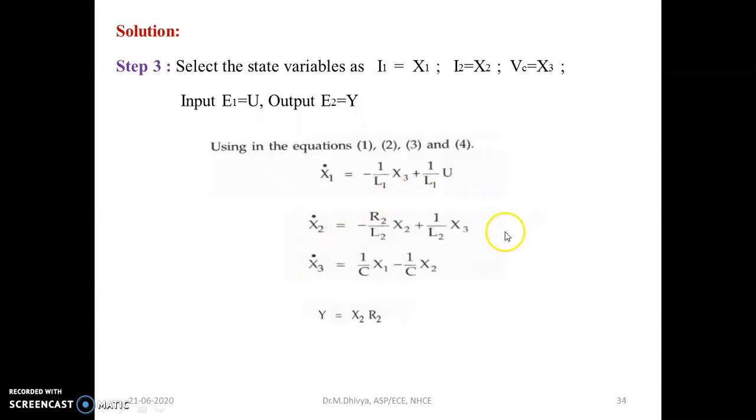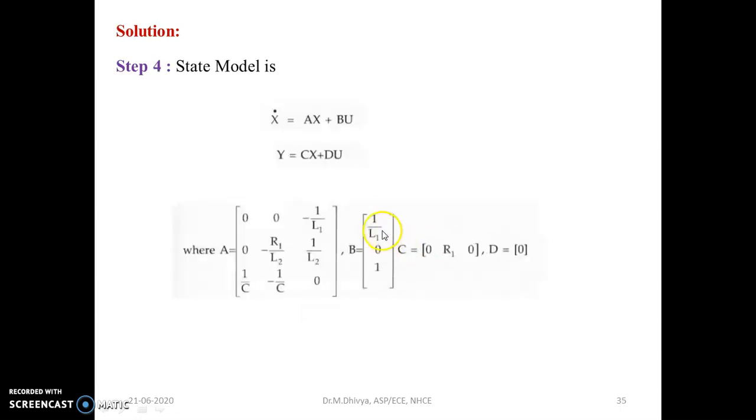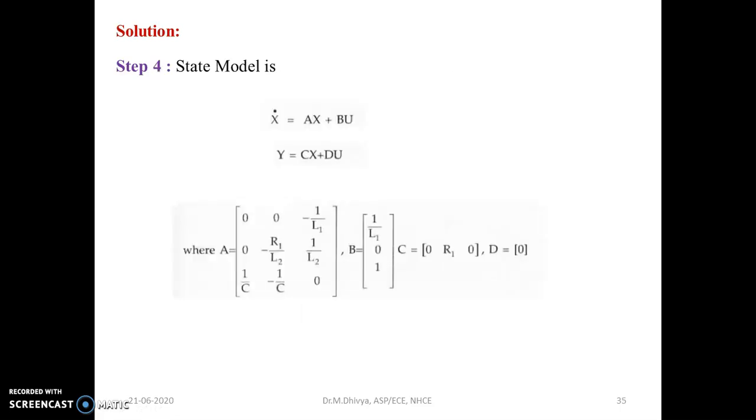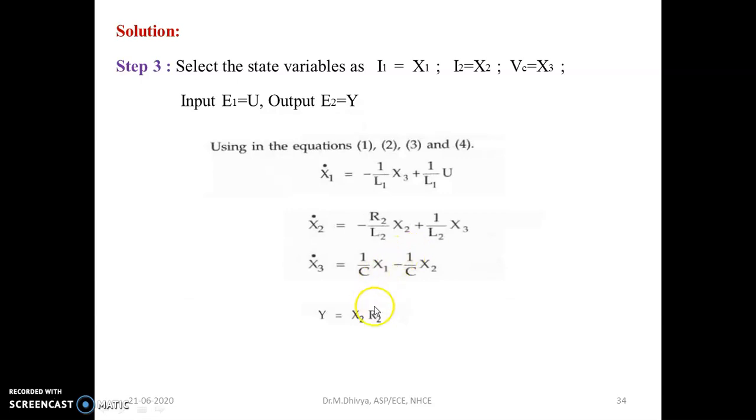Input matrix B: here the input is available only for the first differential equation. For the second equation and the third equation, the input is not available. So it is given as 1 divided by L1, 0 and 0. The output equation is given by 0, R1 and 0.